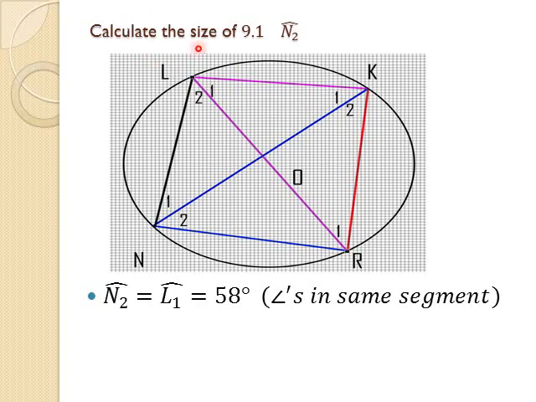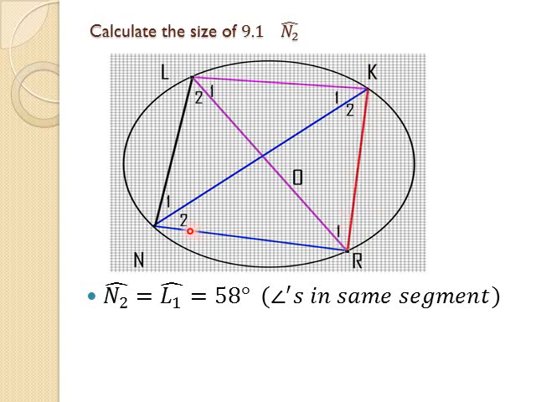First we have to calculate the size of N2, so we want the size of that angle. If I look at the vertex N and I go back, NK and NR end here by this red chord, KR. What was given to me? This L1 is 58. If I go back with L1, it ends by K, it ends by R. So L1 is also formed by the same chord KR.